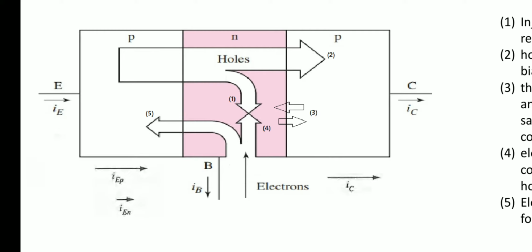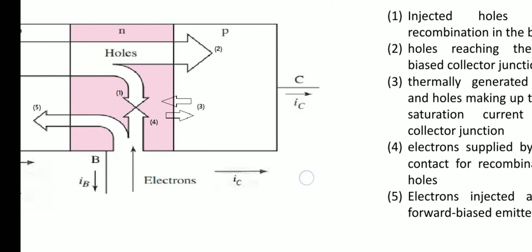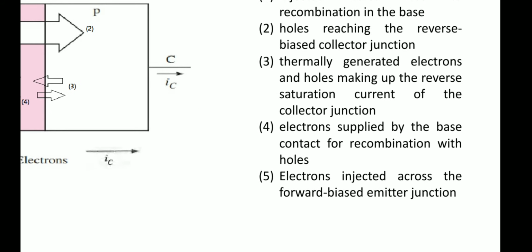The holes are accelerated towards the collector due to the electric field formed by the reverse bias of the collector base junction. So the majority carriers coming from the p-type emitter are collected at the collector, represented by notation 2.